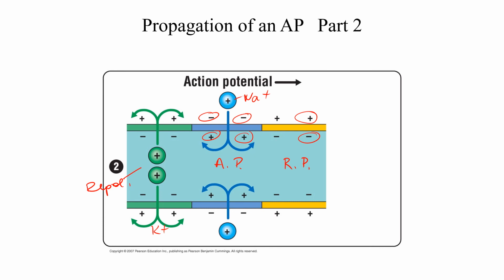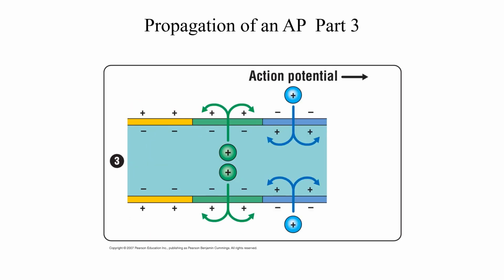So notice here the action potential is moving in this direction, so it'll eventually move here past that resting state. All right, and so finally you see a case here of resting potential. Here you see repolarization, and here you see action potential.